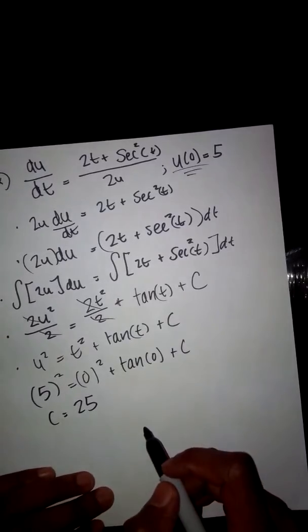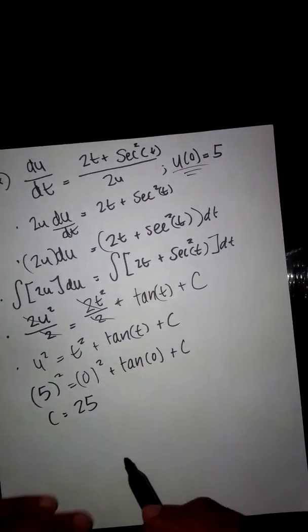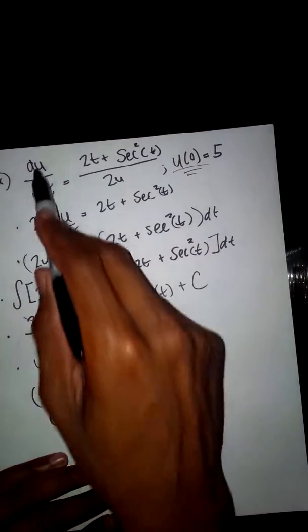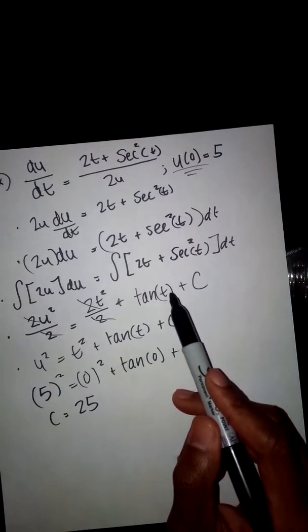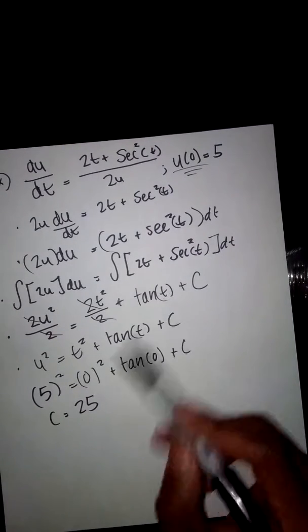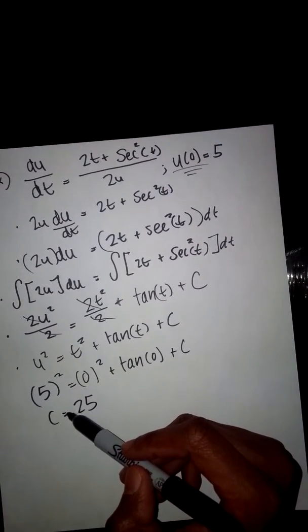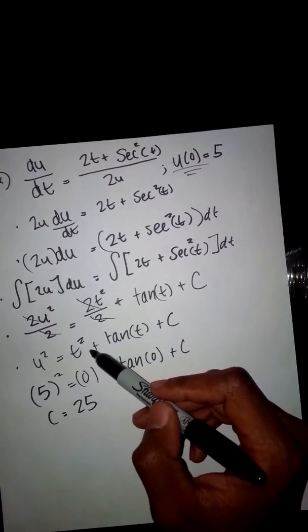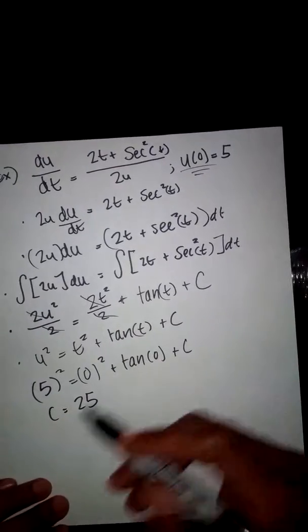This takes care of the constant of integration. Now remember, originally what we're trying to do here is solve explicitly for u, because that's what the derivative is of. Now that we have our constant, we can go back to this equation here, and we can solve explicitly for u.